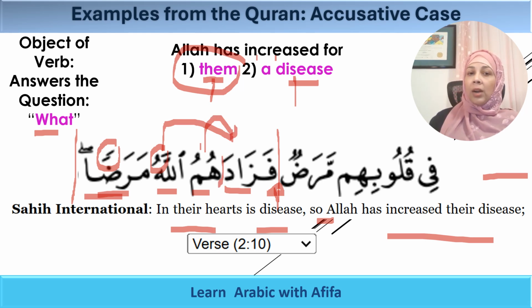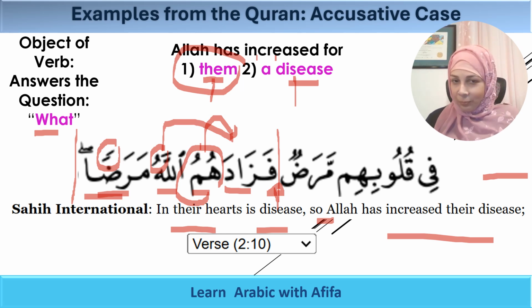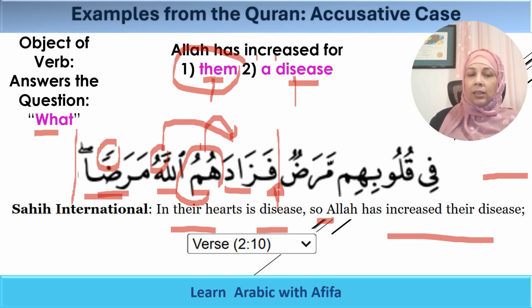So this pronoun, as we will see in a future lesson, is also an object. But for this lesson, what I would like you to focus on is maradan, which is the obvious object that you can see with the tanween fatha at the end. And we say maradan is the object and it is mansub.